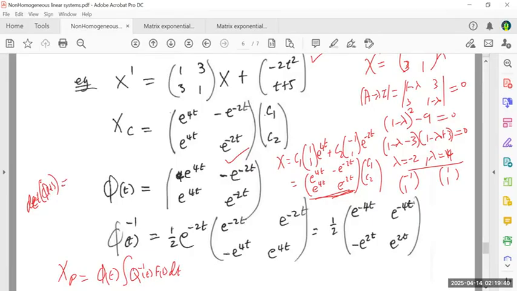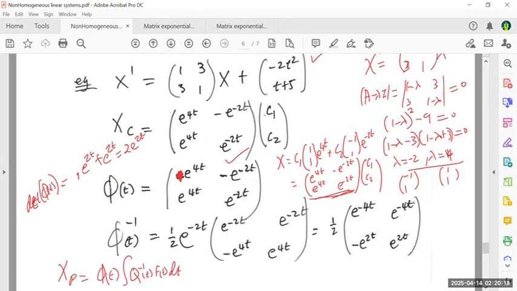It is e to the power 2t plus e to the power 2t, which is 2 e to the power 2t.